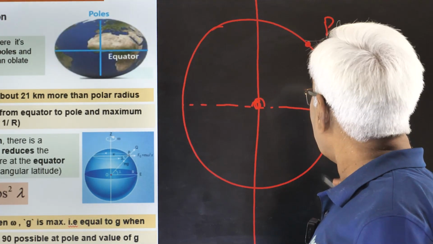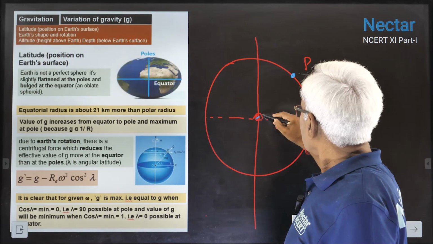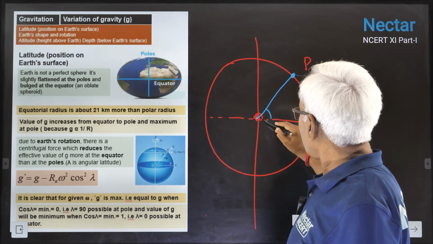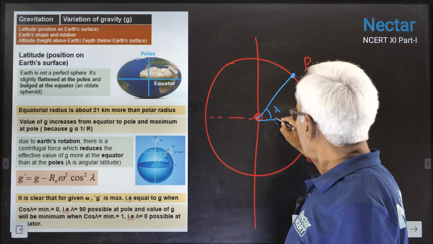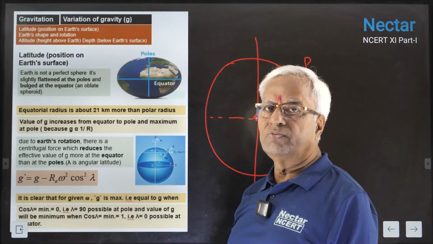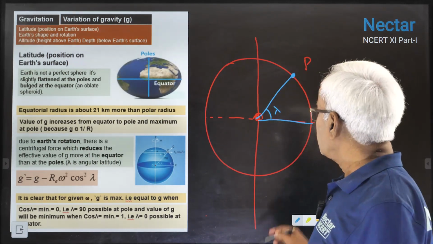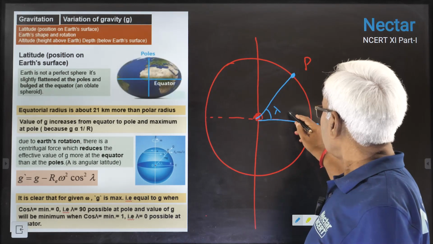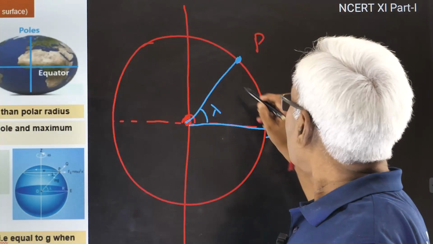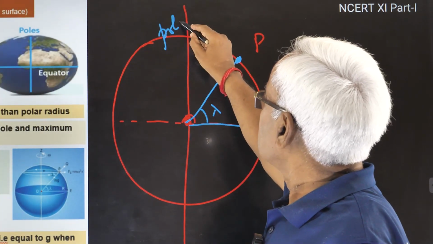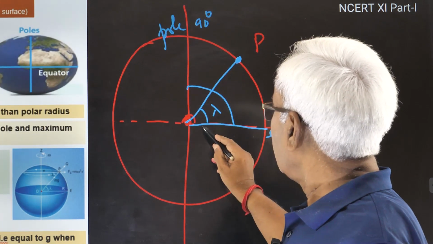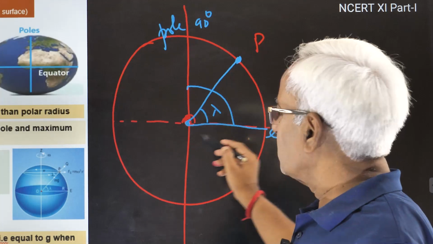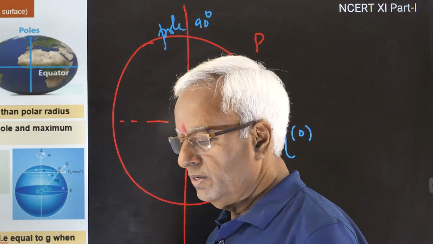This angle would be known as the latitude, the angle of latitude. Obviously at the equator it is 0. At the pole it is 90 degrees. This angle would be 90 degrees, and when you choose the equator, it becomes 0.